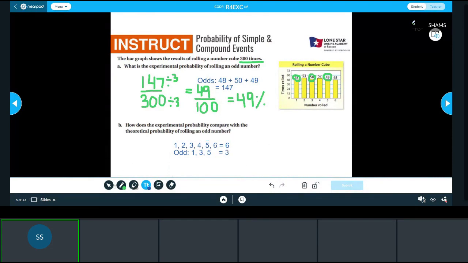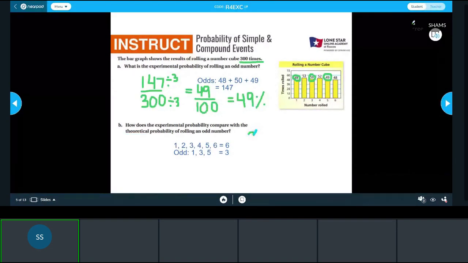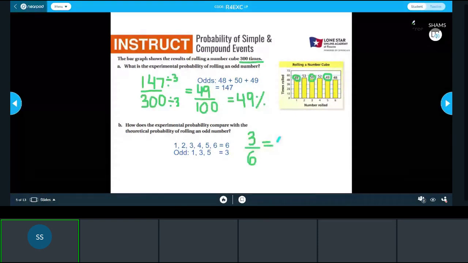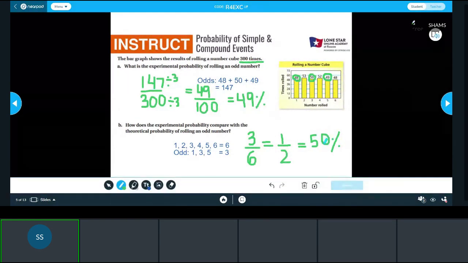Theoretically, the probability of rolling an odd number is 3 out of 6, or 1/2. As a percent, you can say 50% chance of rolling an odd number. But when we did the experiment, the chance was 49%. They're so close to one another, 49% and 50%, because the experiment was conducted so many times. It was conducted 300 times.